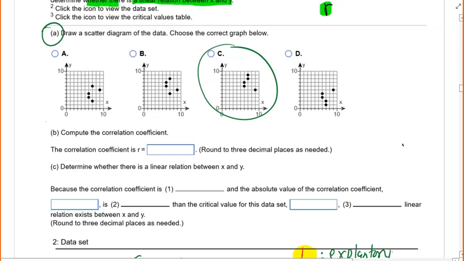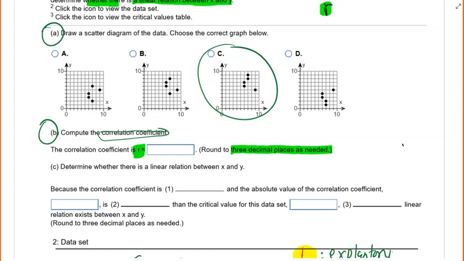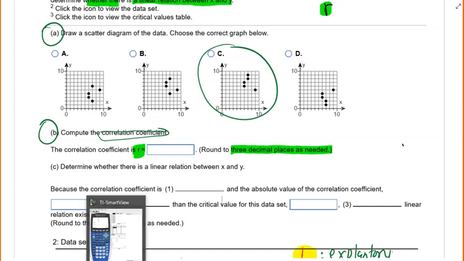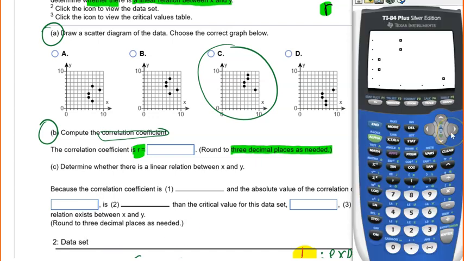Part B, compute the correlation coefficient, which is R, and the question is pretty much asking for the value of R. Rounding to three decimal places is needed. To find R, you have to use a calculator again. There is another way to do it using a formula, but I prefer the calculator because it is quicker.